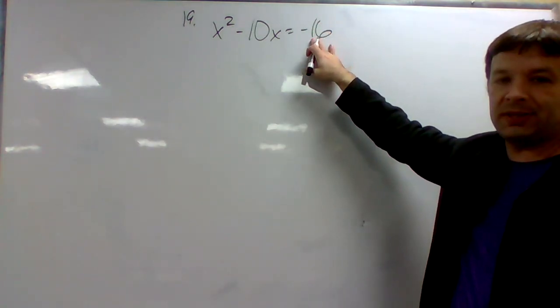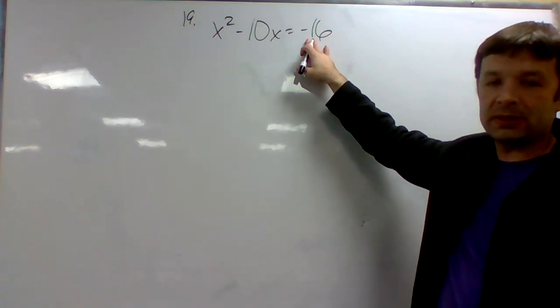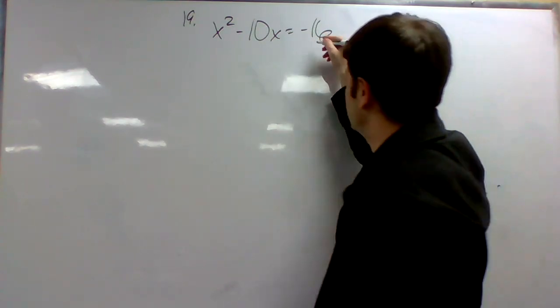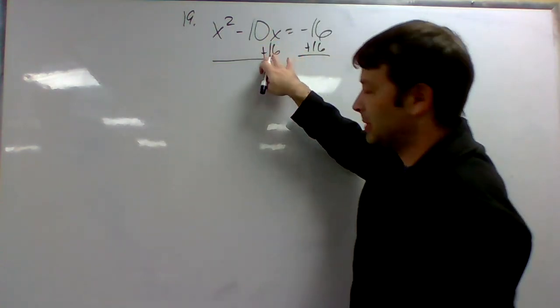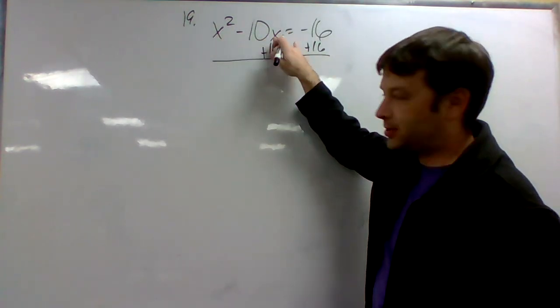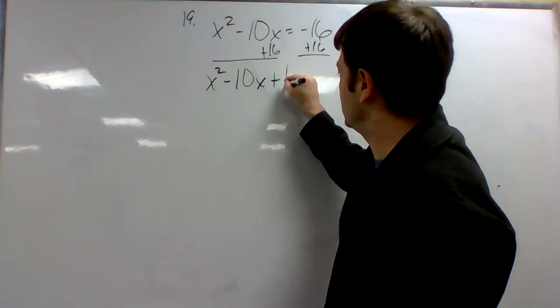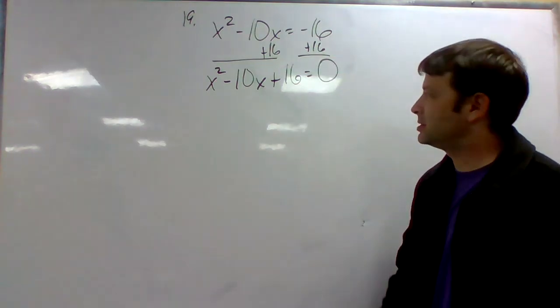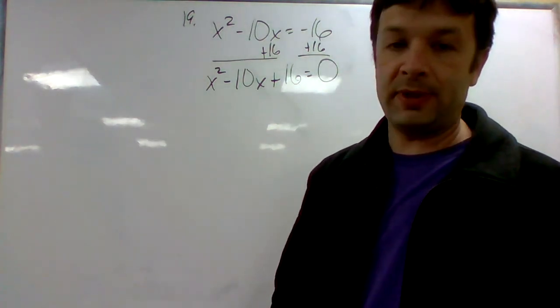We need this to be a 0 over here. How do I get rid of negative 16? Add a positive 16. So I'm going to plus 16. That's not going to mix with these two. So it's just going to be x squared minus 10x plus 16 equals 0. Now it's normal. Now it's like number 9.